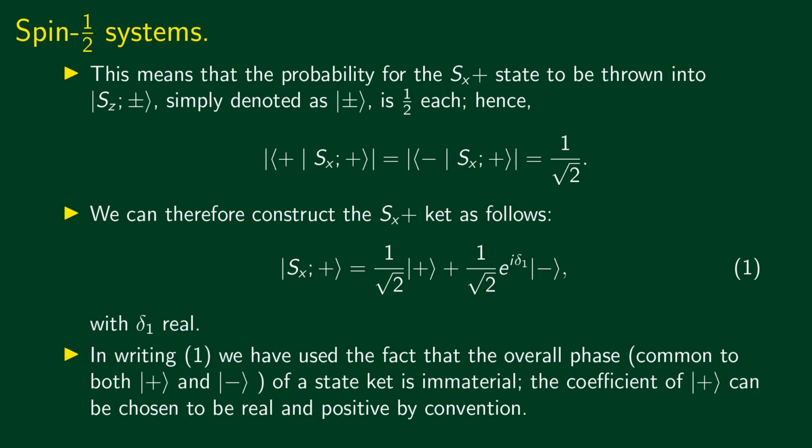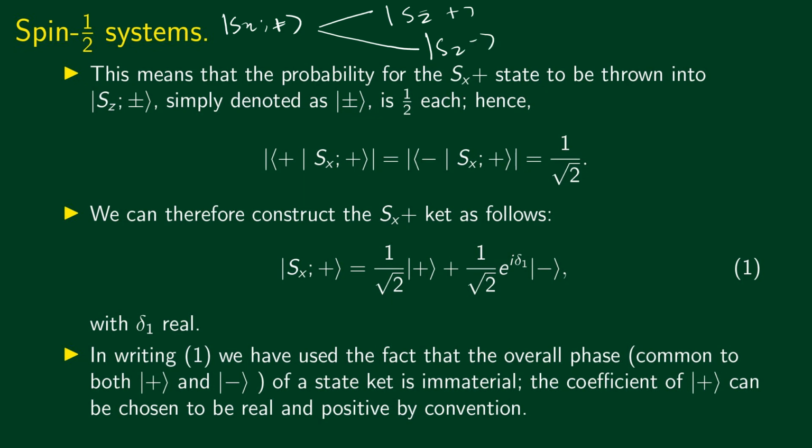So according to the theory that we have been developing, this means that a beam characterized by Sx plus has components along both the Sz plus direction as well as along the Sz minus direction.